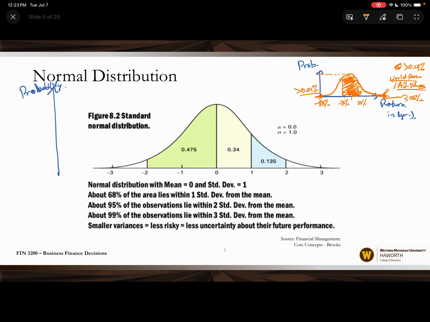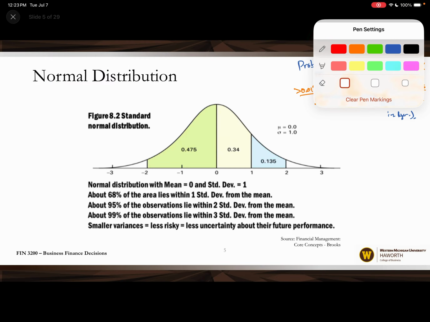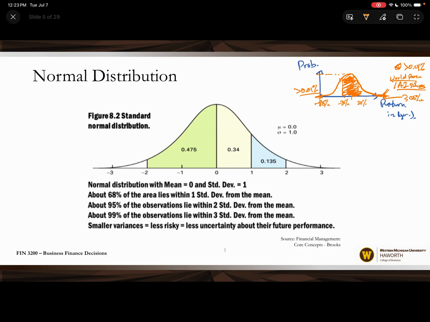What we have on this slide is what's called a standard normal curve, with the mean of 0. The mean is where the distribution is centered. Here the mean would be, historically, equity returns of about 7%, maybe 7 to 8. Standard deviation measures how wide the distribution is.